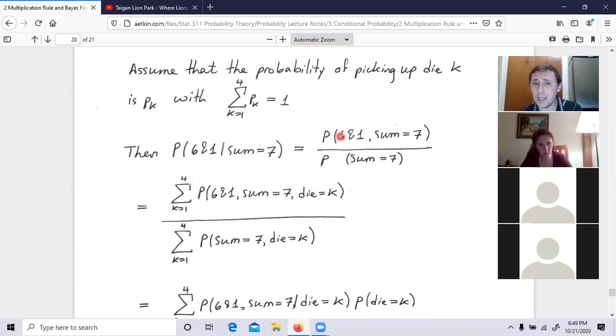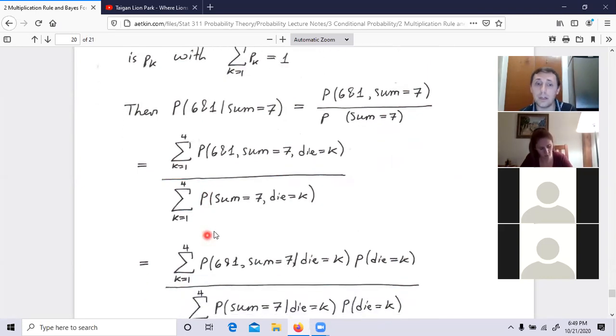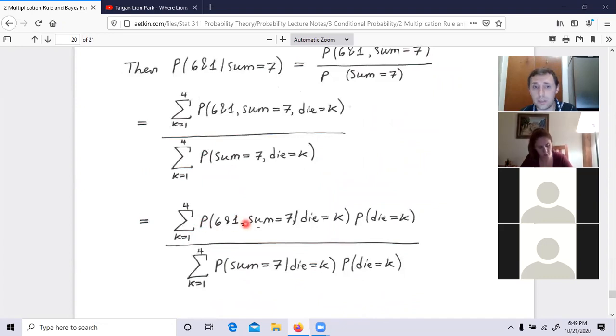Then I can break the numerator into all this information in die 1, plus all this information in die 2, plus all this information in die 3, and I do the same for the numerator and denominator. You understand? Because I cannot tell how sum 7 came about without knowing which particular die was tossed. I need this information. I need to say that something happened there. And then I condition, look at it, you see?